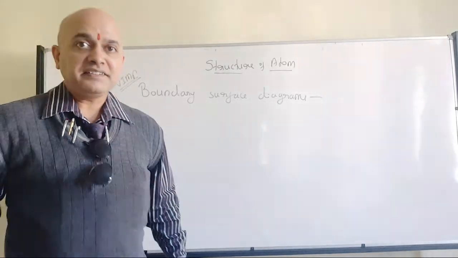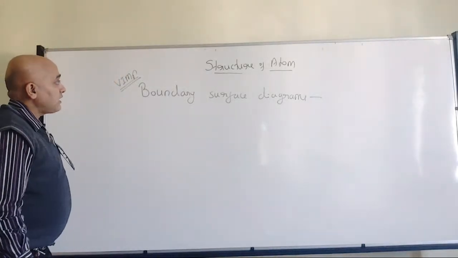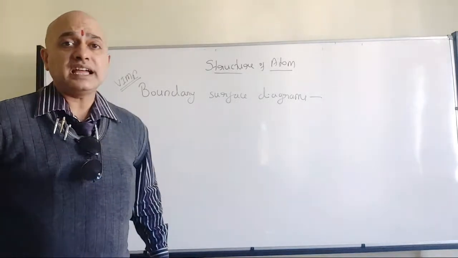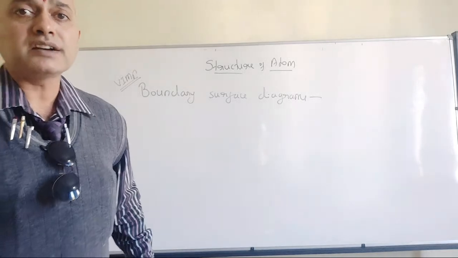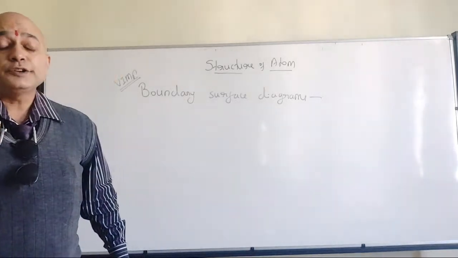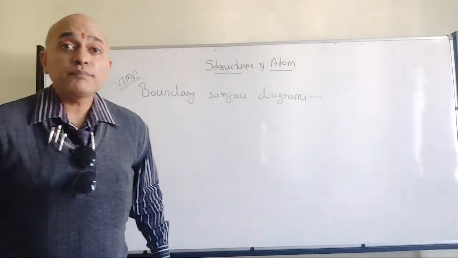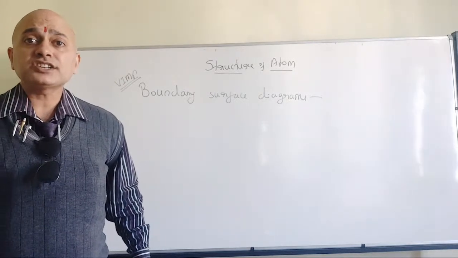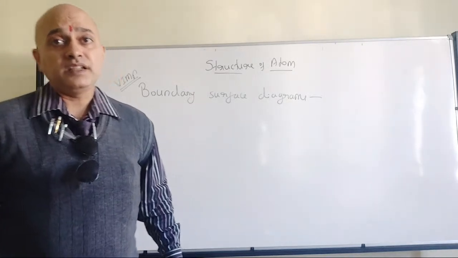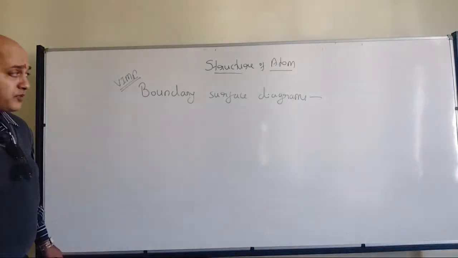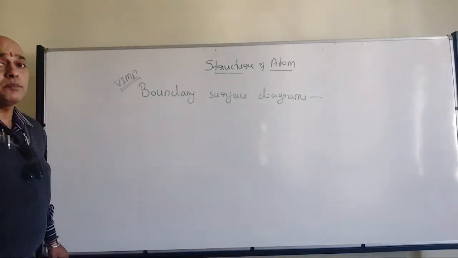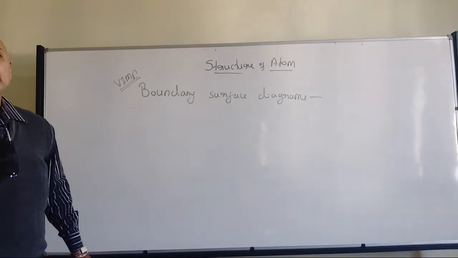In our board exam they will ask, for 3 marks or 2 marks, to write the structure of P subshells, or the structure of 2S subshell, or the structure of D subshell. For that there is nothing but the boundary surface diagram.